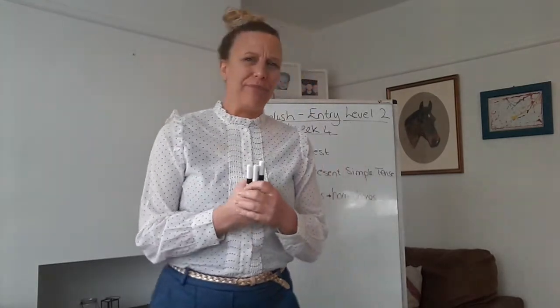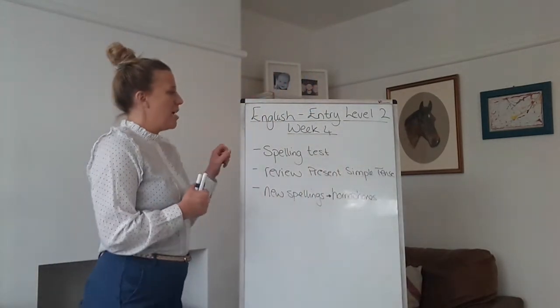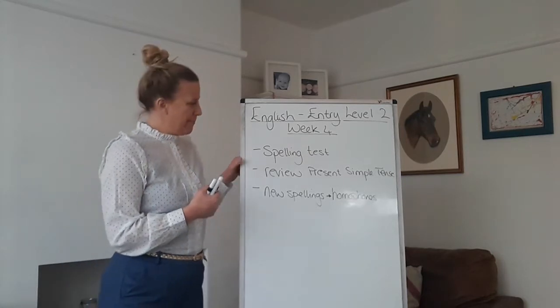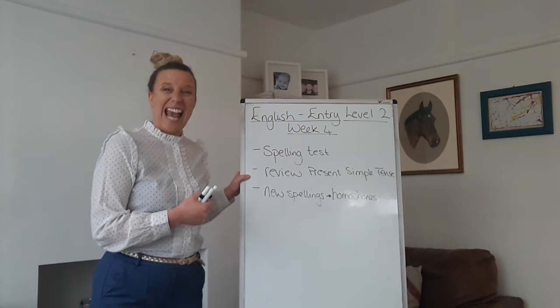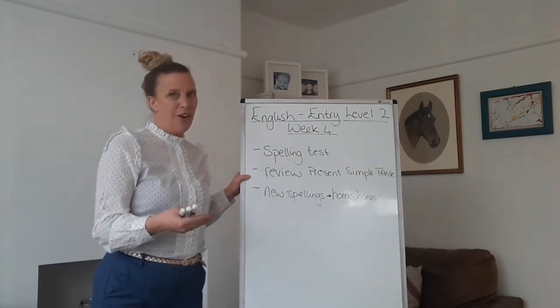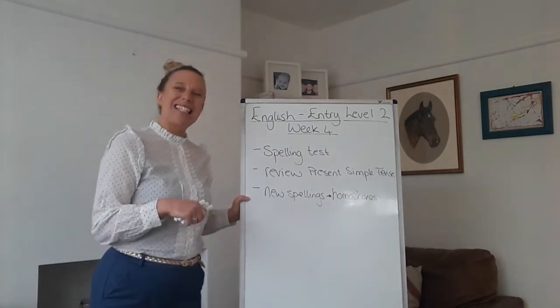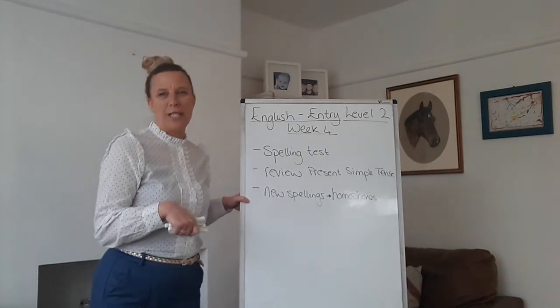Okay, so this week, Week 4, we are going to do your spelling test in a minute. Then we are going to review the present simple tense again, just go over it again. And then we've got some new spellings, and they are what we call homophones.